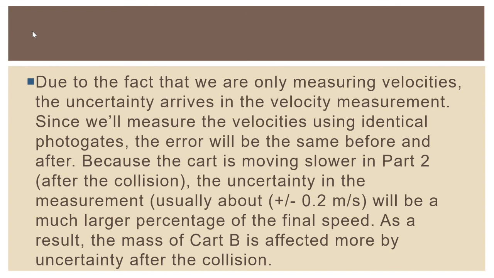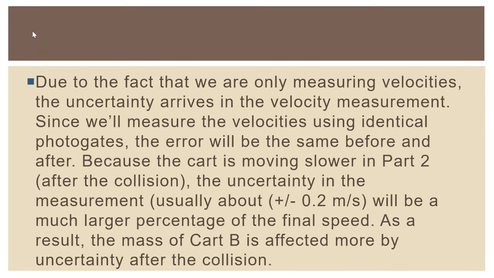However, because the cart is moving slower in part 2, or after the collision, the uncertainty in the measurement, which for a photo gate or motion sensor is usually about 0.2 meters per second, will be a much larger percentage of the final speed. As a result, the mass of cart B is affected more by the uncertainty after the collision.